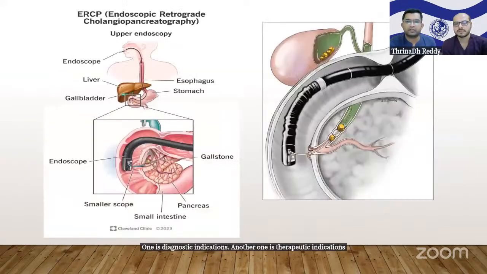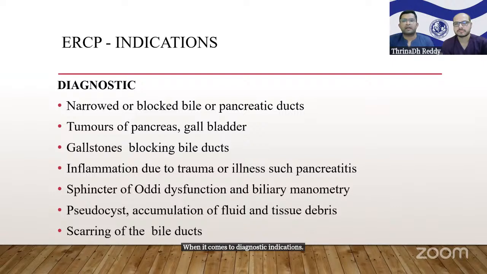When it comes to diagnostic indications: narrowed or blocked bile or pancreatic ducts, tumors of gallbladder or pancreas, gallstones blocking the bile ducts, inflammation due to trauma or illness such as pancreatitis, sphincter of Oddi dysfunction and biliary manometry, pseudocyst of pancreas, accumulation of fluid and tissue debris, scarring of bile ducts. These are the diagnostic indications for ERCP.